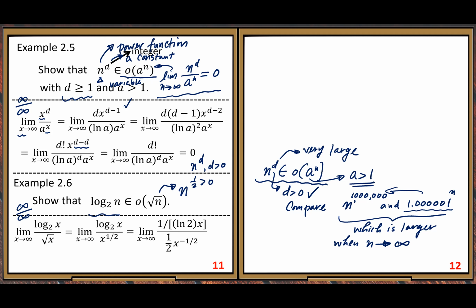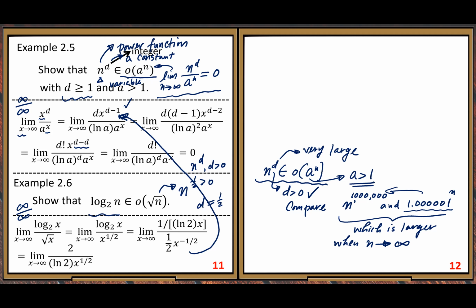For the denominator, the power function derivative formula, we know d times x to the d minus 1. Here we take that formula with d equals 1/2: d times x to the d minus 1 power. We need to do simplification after that.